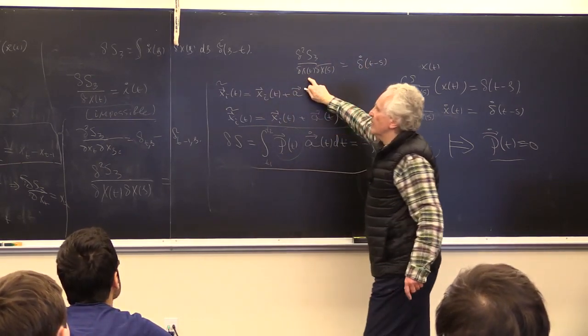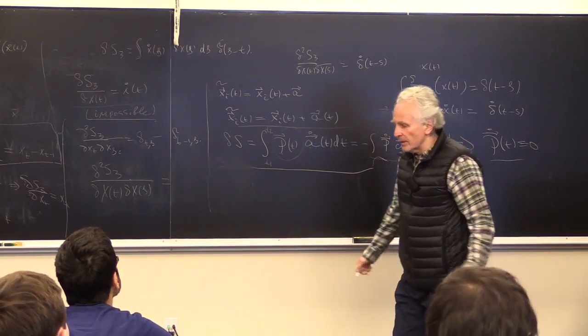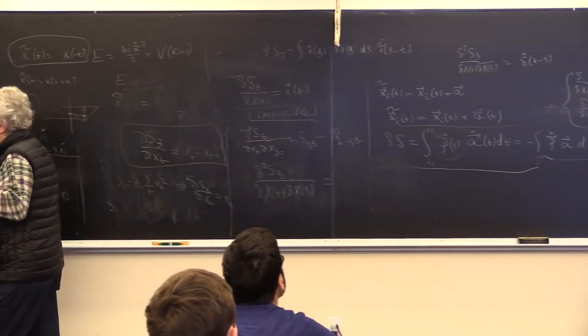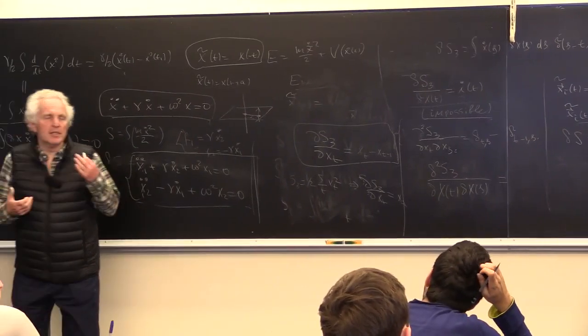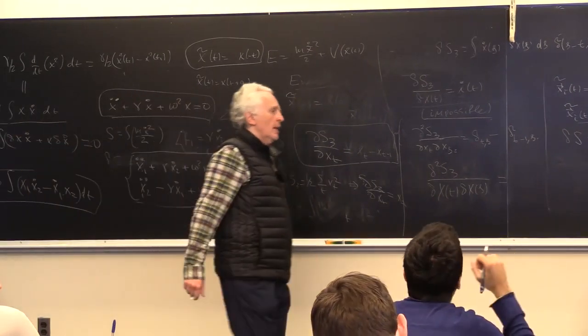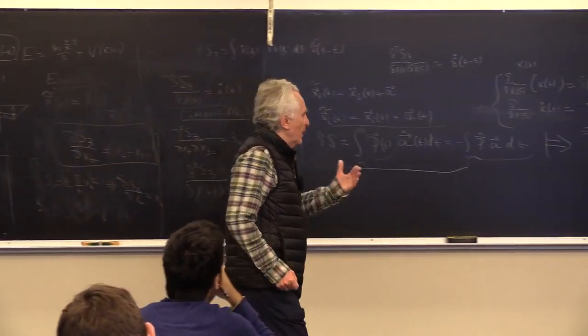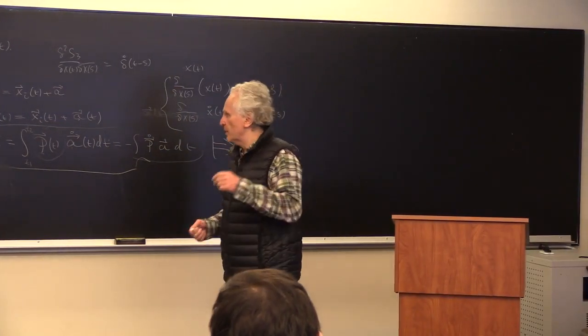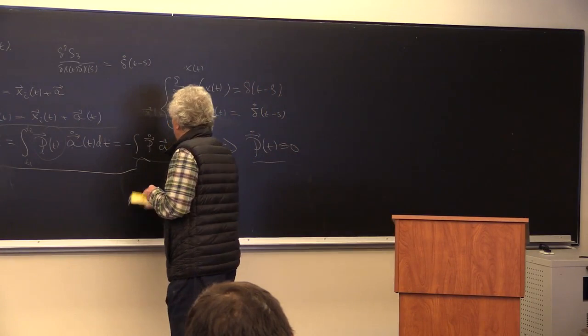The left-hand side is symmetric, the right-hand side is not. And that more or less gives you the prescription in general cases for how to decide whether the equation is derivable from the variational principle.